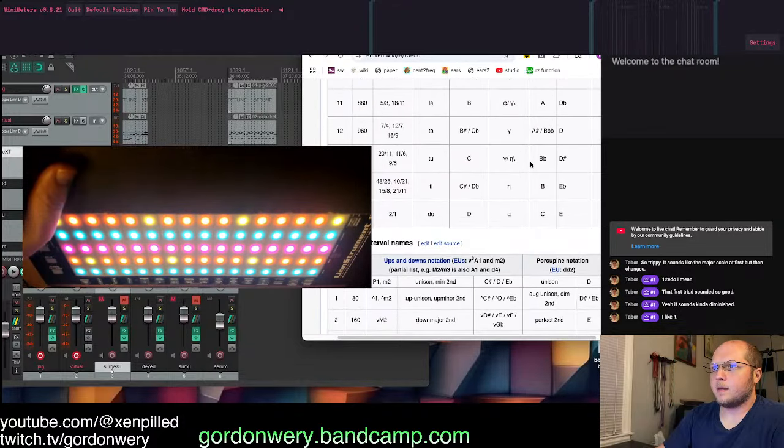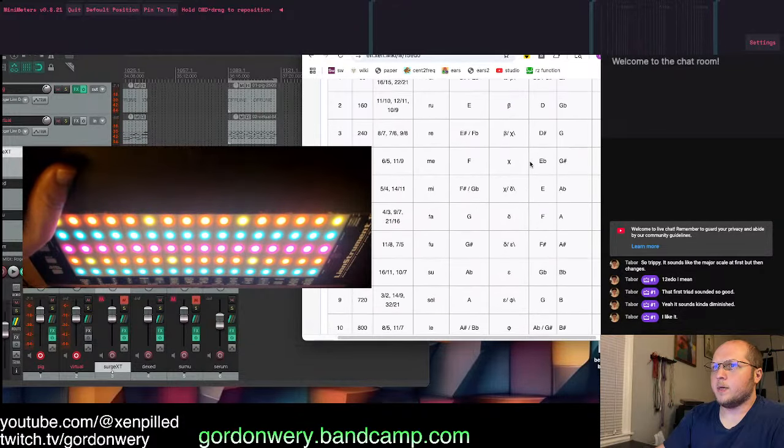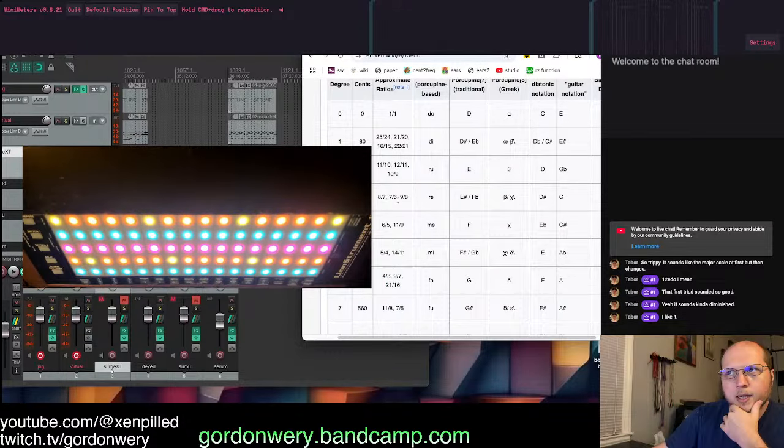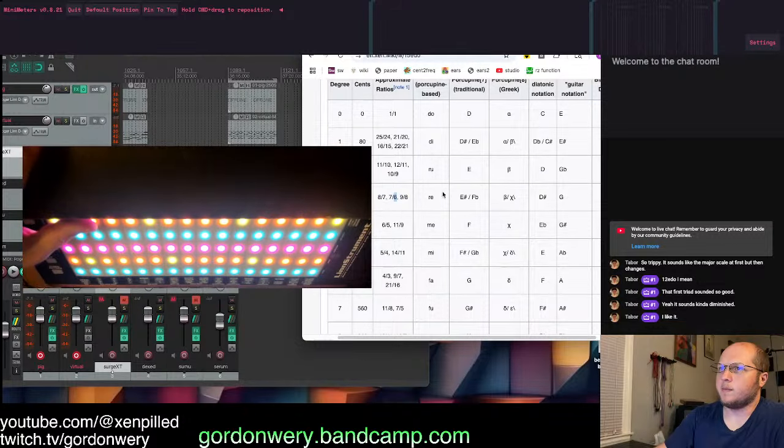But he was saying that he does, and he just doesn't consider the sixth step a super major, which they put on here that 3 out of 15 maps to 7/6, which is a subminor third.